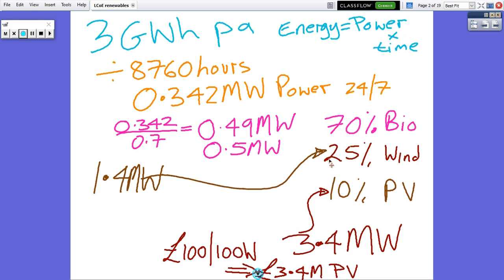Wind, we're using a load factor or load capacity of 25%. If you do the calculations based on 3 gigawatt hours, that installation needs to have a power rating of 1.4 megawatts. A similar PV installation at 10% load factor, so that's 3 gigawatt hours divided by 876, as in 10% of the time, requires a power installation of 3.4 megawatts. So we can see here, as the load factor reduces, the power rating of the installation has to go up.